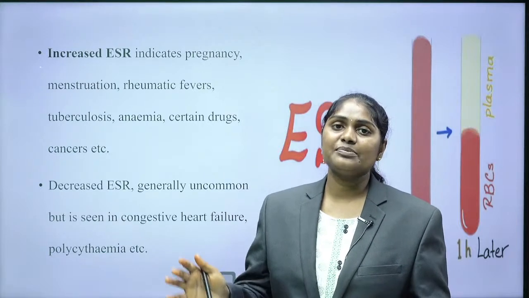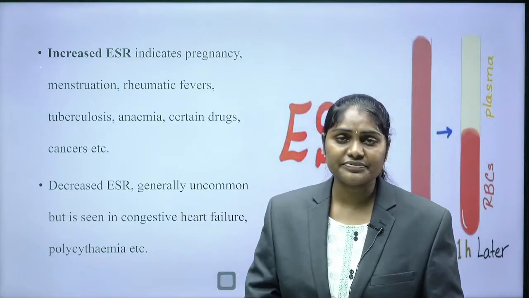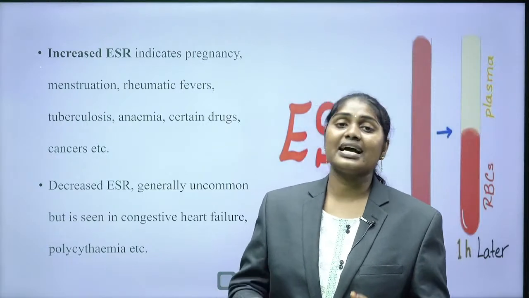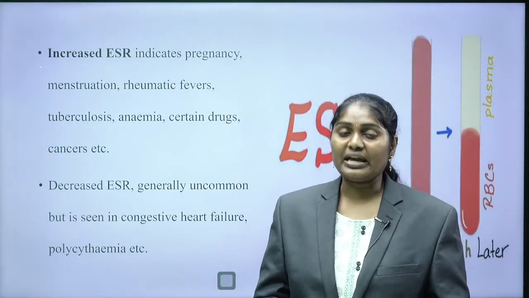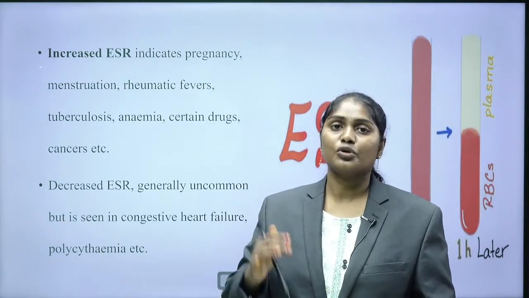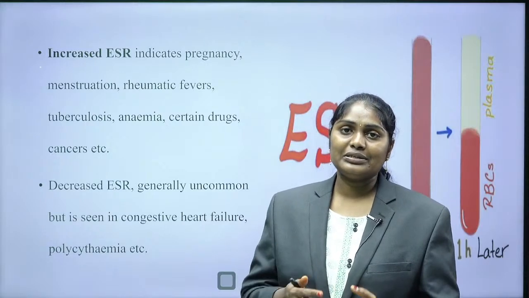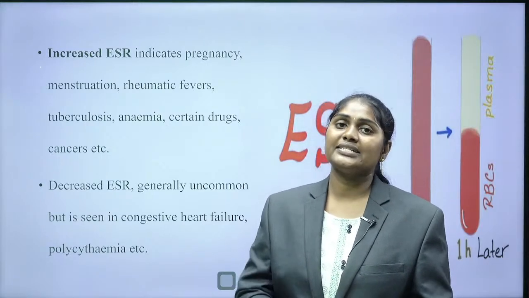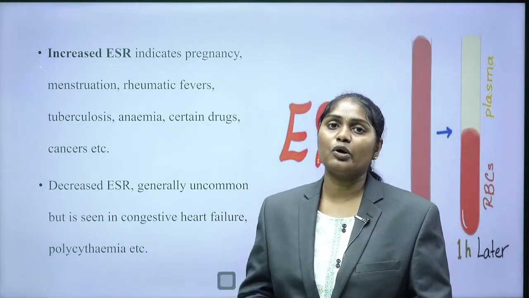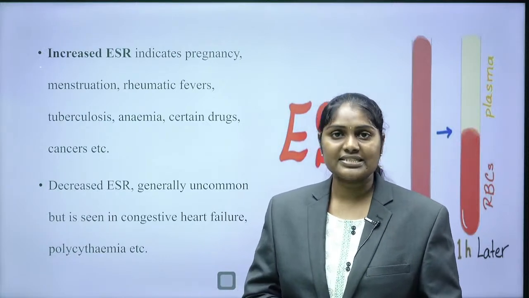Beta thalassemia is a condition where the person will have immature nucleated RBCs, a hereditary disorder. And you will have aplastic anemia, that means destruction of bone marrow. And you will have polycythemias, an increased number of RBCs, which are of two types: relative polycythemia and absolute polycythemia.